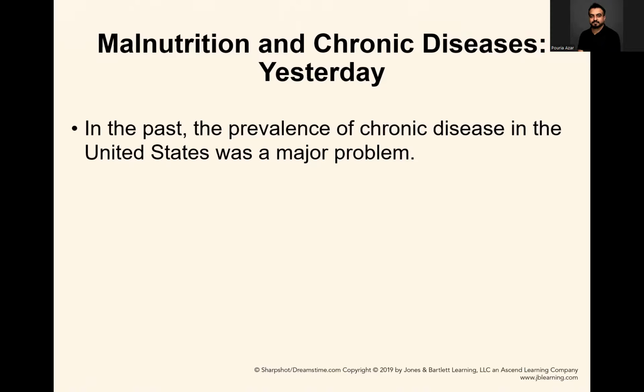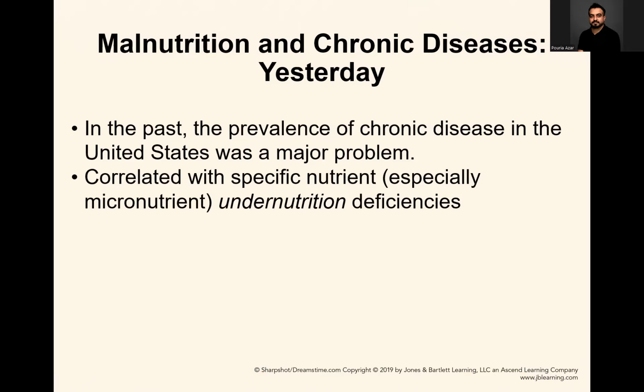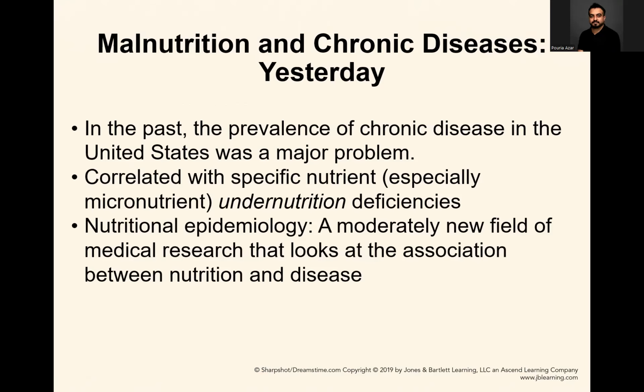Those chronic diseases were more prevalent in the past in the US, which is totally correlated with specific nutrient, especially micronutrient or undernutrition deficiencies like vitamin C deficiency, vitamin A deficiency, iron deficiencies. These were prevalent in the US.